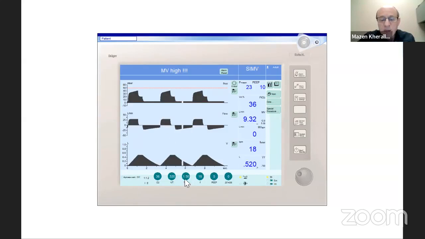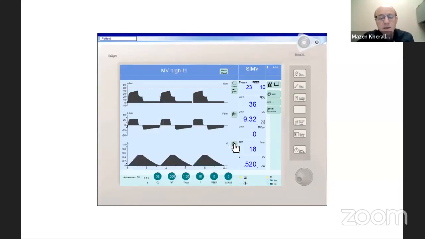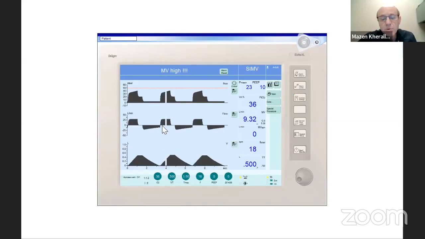You will see that we have 1.5 seconds for inspiration. In this 1.5 seconds, I can actually go down to 500, to make it easy so you can understand. We don't have to make difficult calculations. So the 500 at a flow of 30 liters per minute, I'm able to deliver in 1 second. And then I'm holding for half a second.